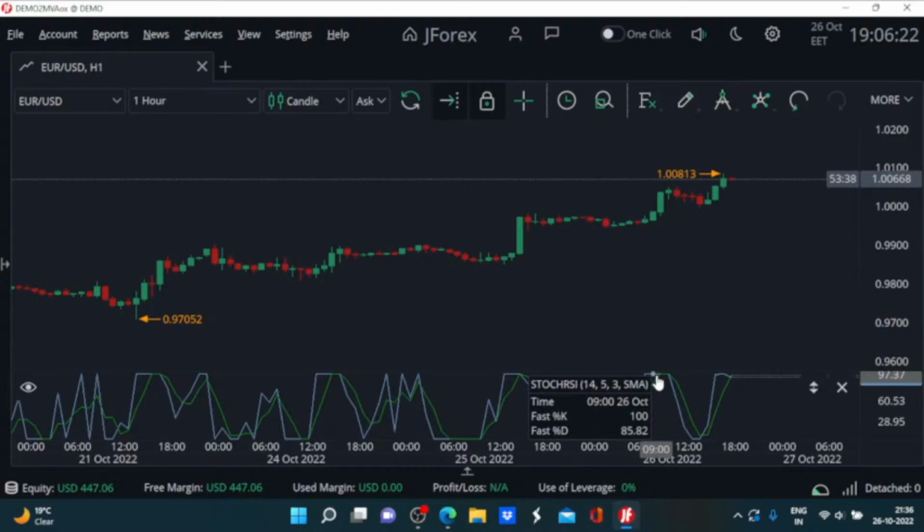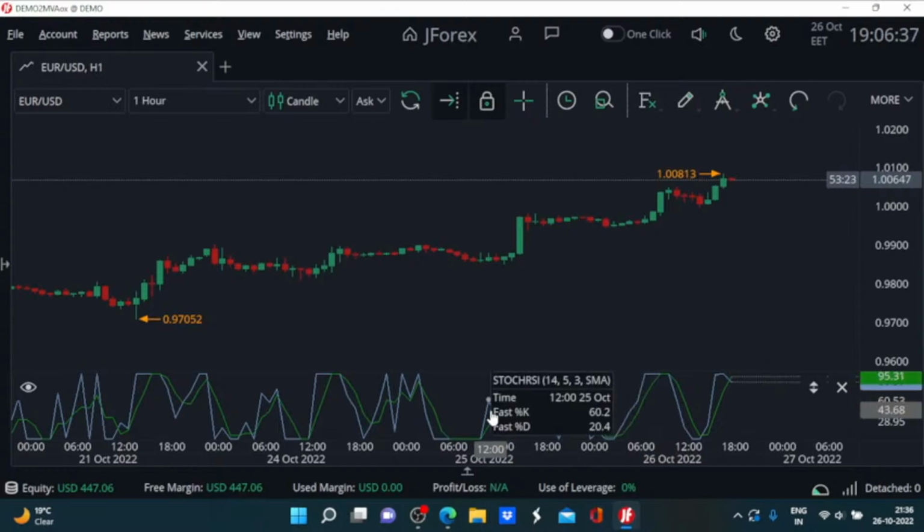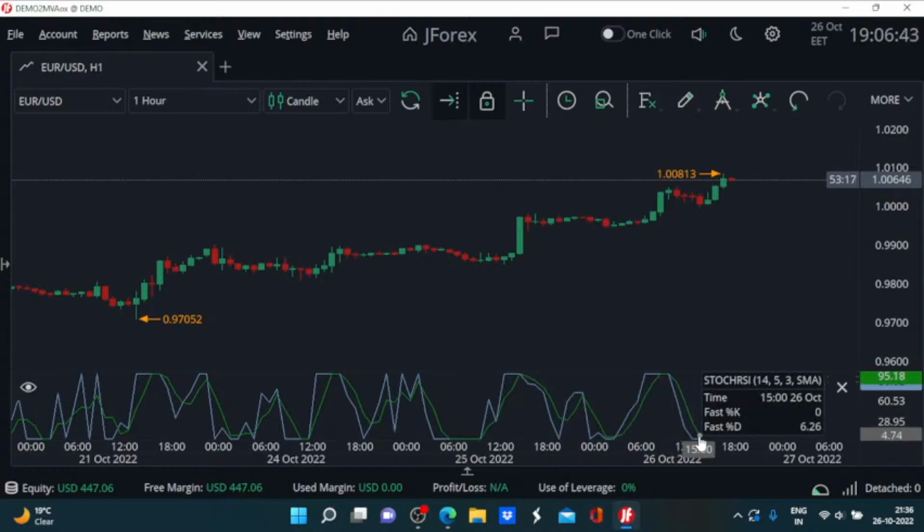The output is going to vary between 0 on the lowest side to 100 on the highest side. So we have these upper and lower bound limits for both the fast percent K and the fast percent D. Its usual interpretation is pretty much similar to what we were using for a normal stochastic indicator. We consider these extreme values.